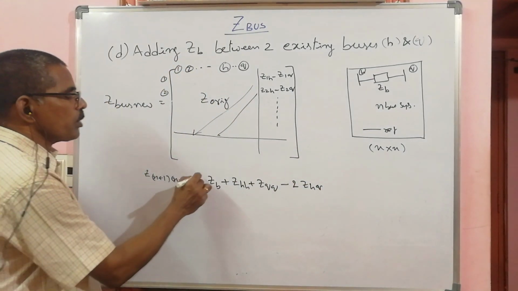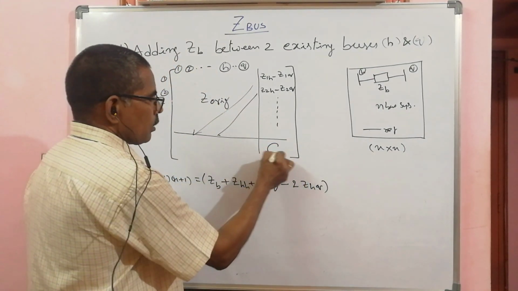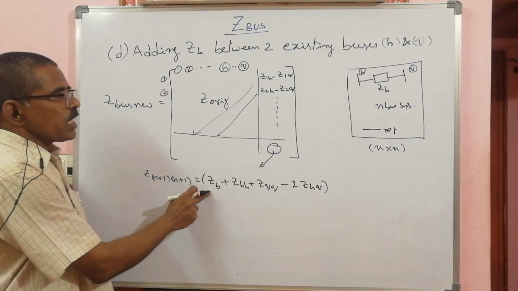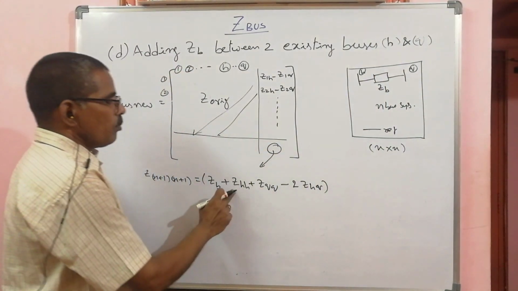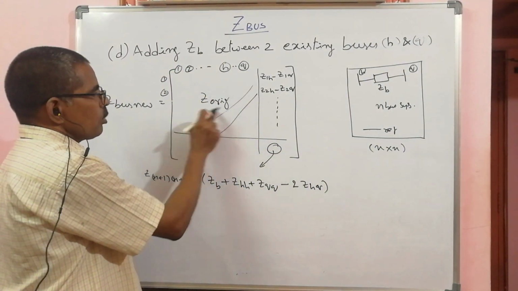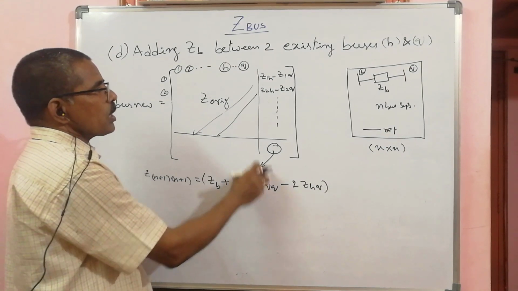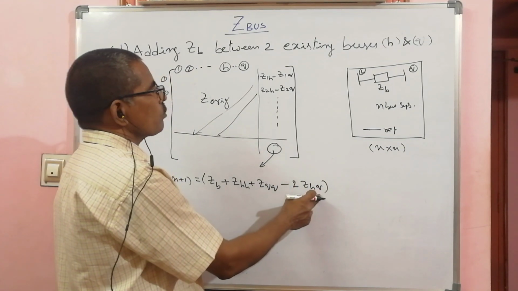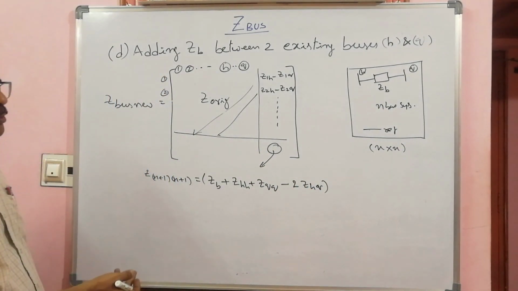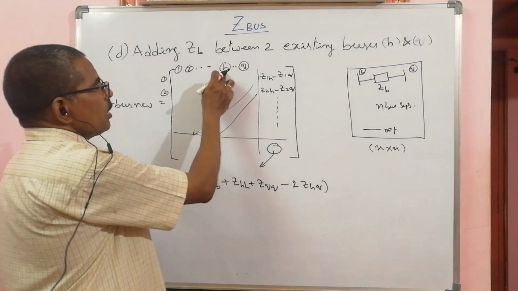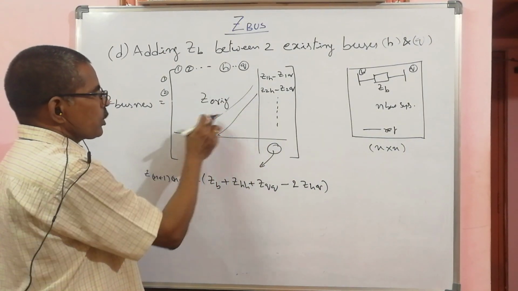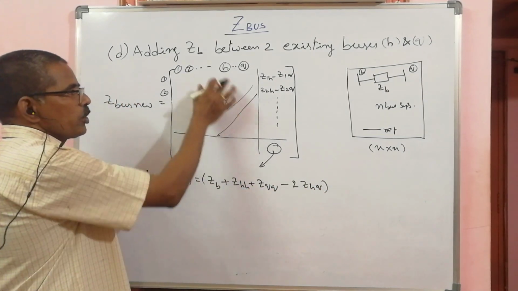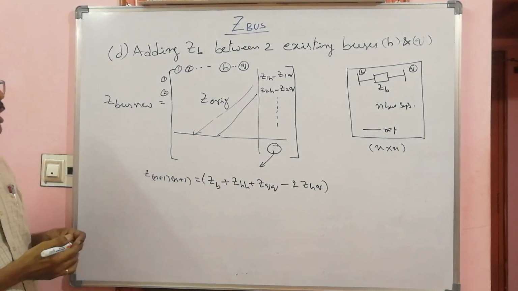So this is the formula to be used. Zn+1,n+1 is Zb, this value, plus ZHH, plus ZQQ, the QQ value, minus 2 times ZHQ, this HQ or QH. Okay, these values you need to extract from the old or original Z bus.